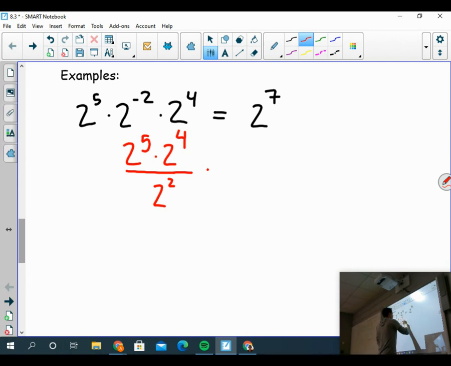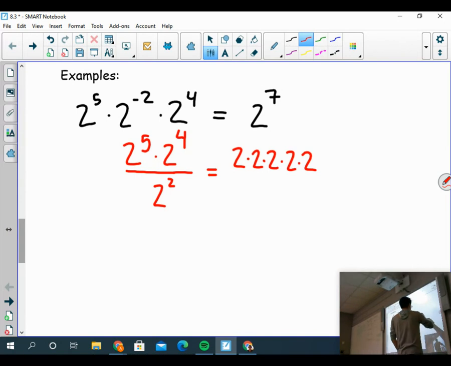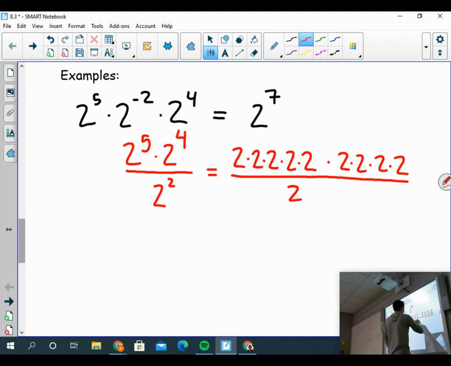And then what I would do, if I really was confused, is write the whole thing out. So I've got 5 2's multiplied together times 4 2's multiplied together divided by 2 2's multiplied together. And we know that with fractions, if everything is multiplied together on the top and the bottom, as we see here, and we see the same thing on the top and the bottom, they will cancel.